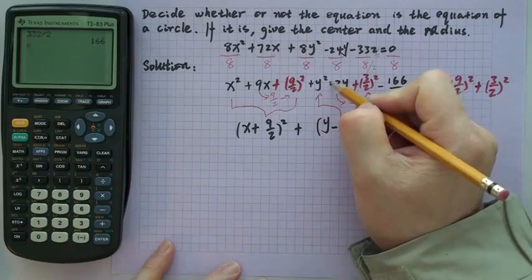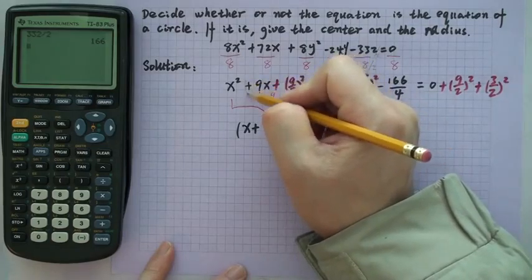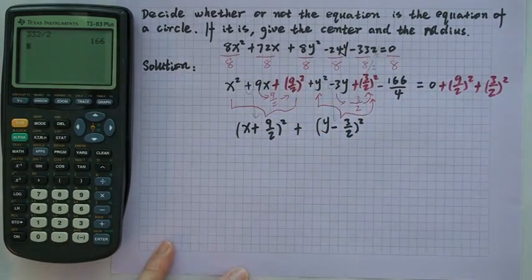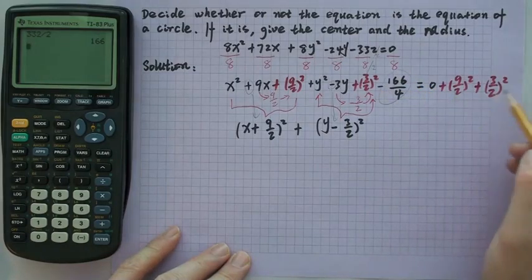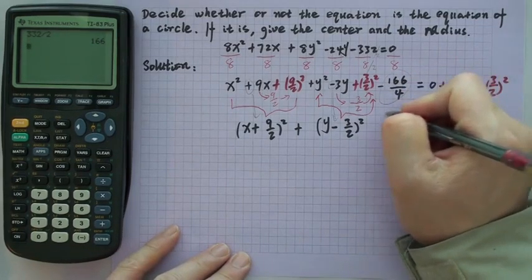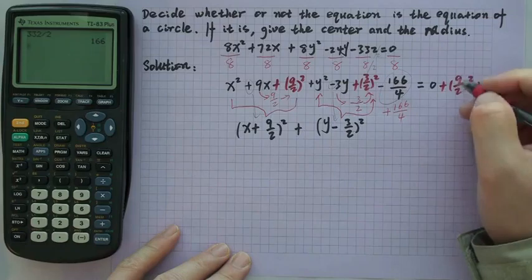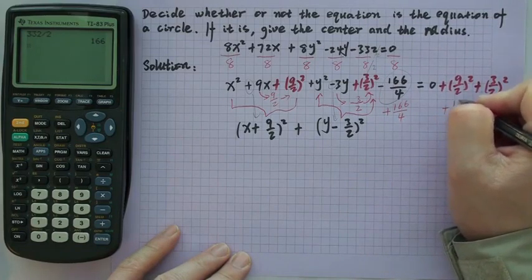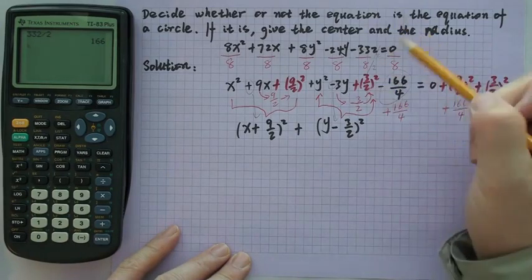Remember, here is negative, so it determines the symbol right here. And here is positive, it determines the symbol positive right here. We like to move the constant to the right-hand side. So, if you want to do that, then you add 166/4 on two sides. You may then cancel these two.